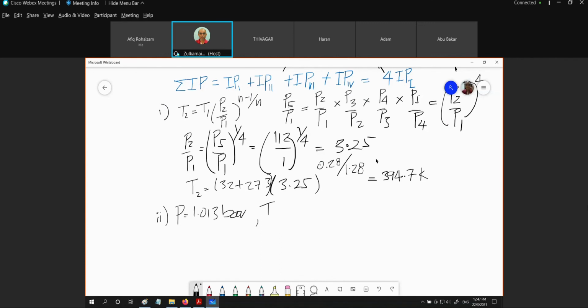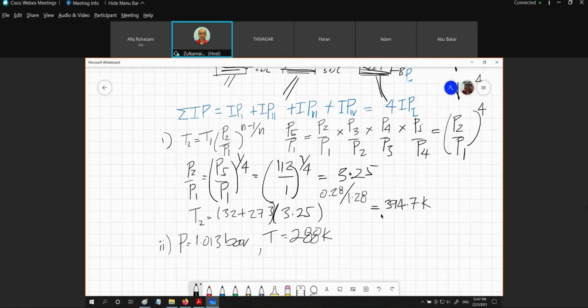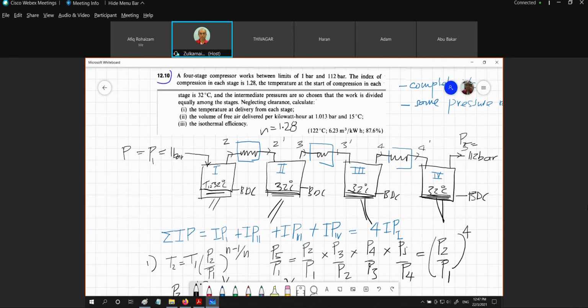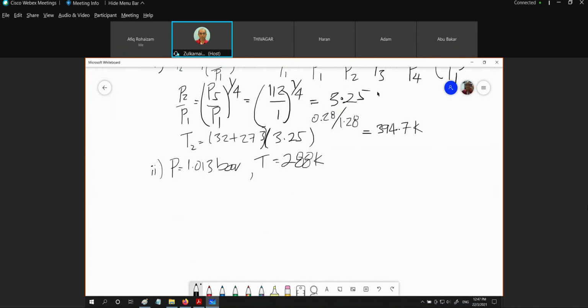T is equal to 288 K. Okay, what does it want? It wants the free air delivery per kilowatt hour, the V dot, in units of meter cube per kilowatt hour.